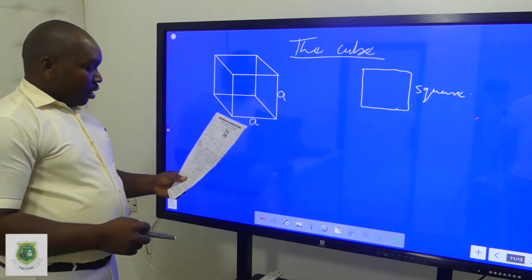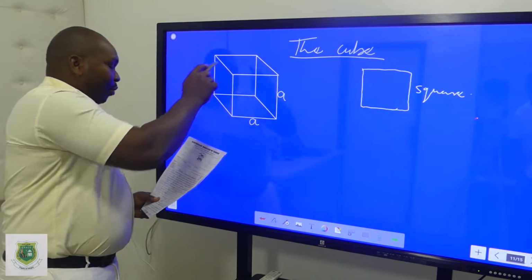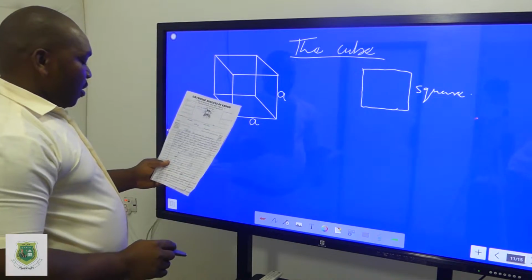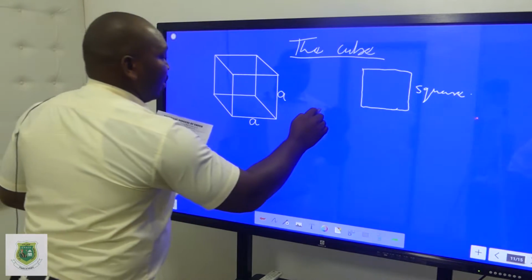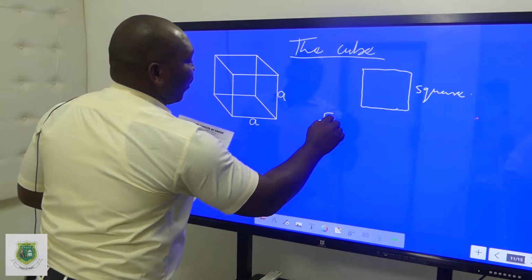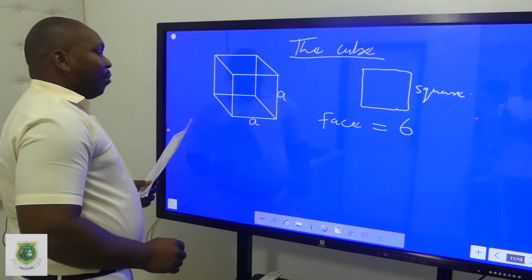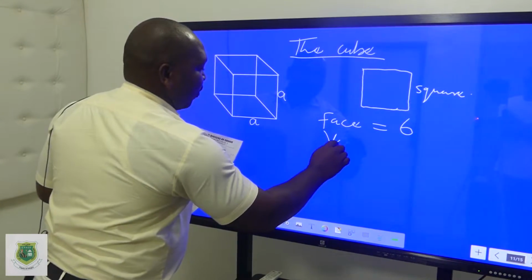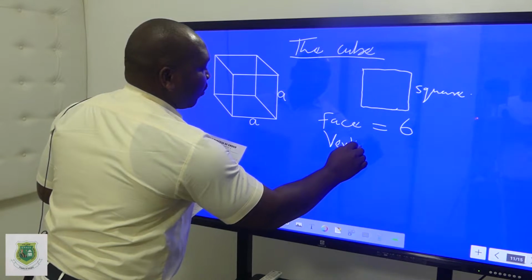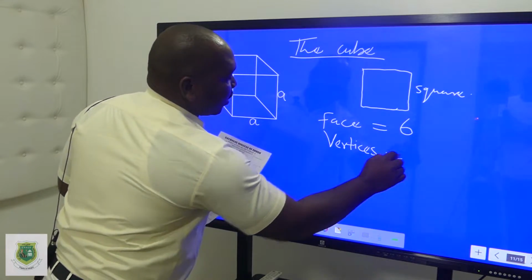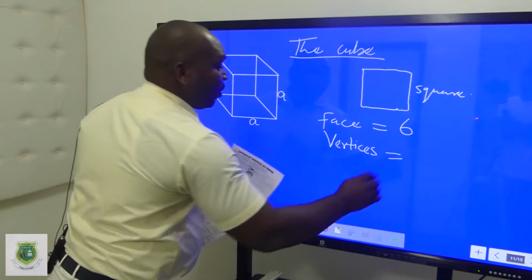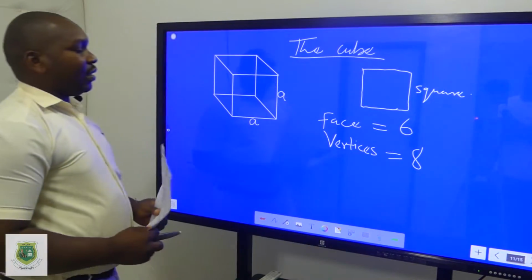So this cube has how many faces? It has number of faces equal to 6. How many vertices? Vertices, that is the plural of vertex, is vertices. It has 8 vertices.